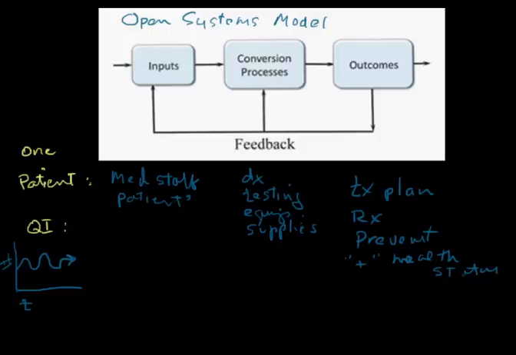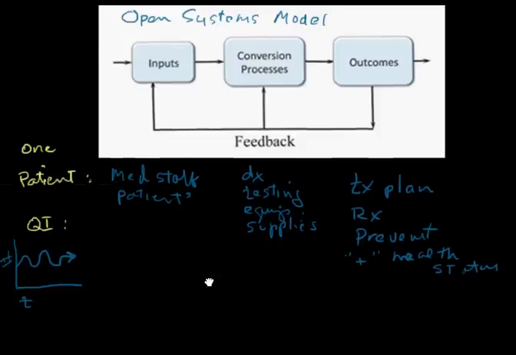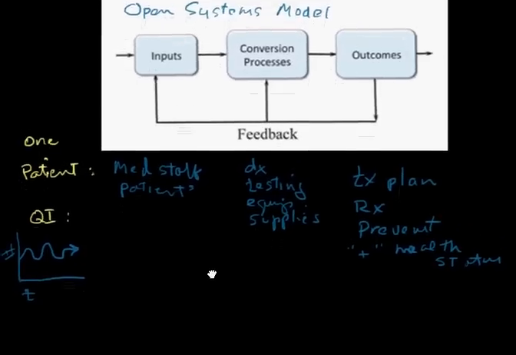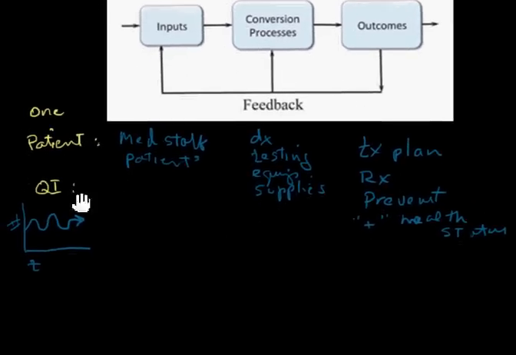Now, if we now apply the same concepts of the open system model to the QI process, we'll use a different color here. Let's use red. We're now going to take a look at how that fits to QI.